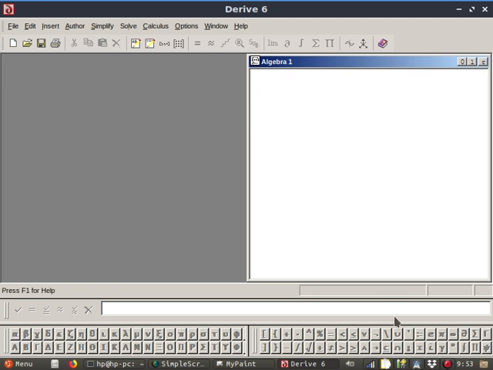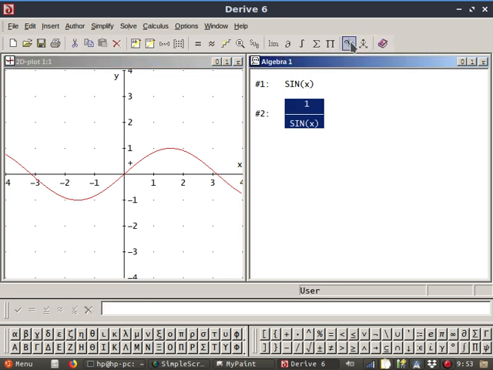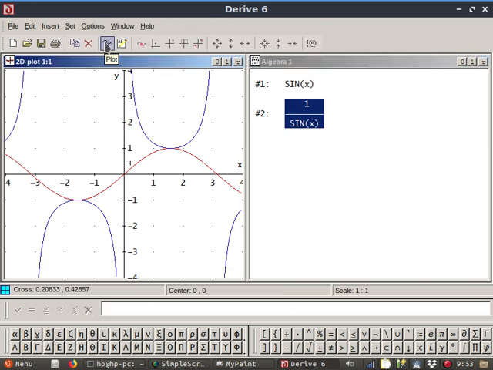Sine x. Okay. 1 over sine x. Good. Okay, and then what was next?